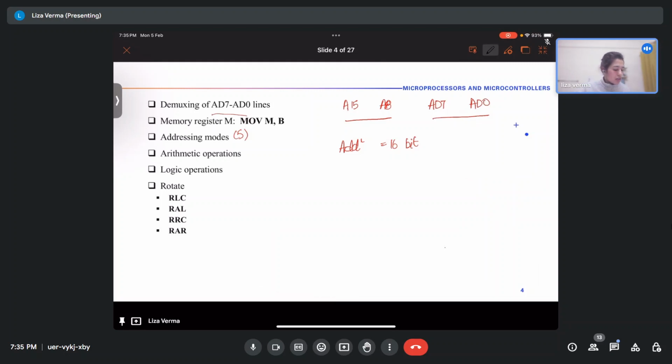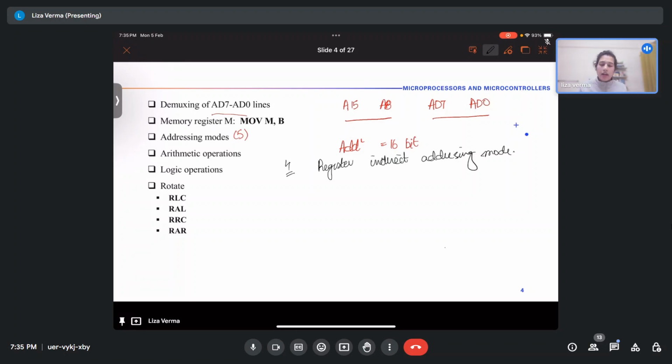Next is the register indirect addressing mode. In this kind of addressing mode, the data that is to be operated on is present at the location indicated or pointed to by the register pair.